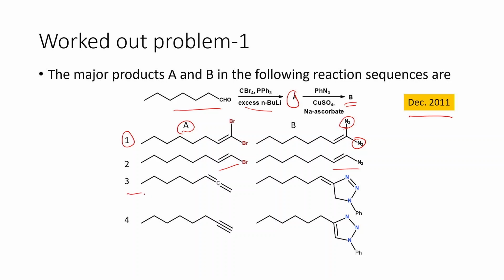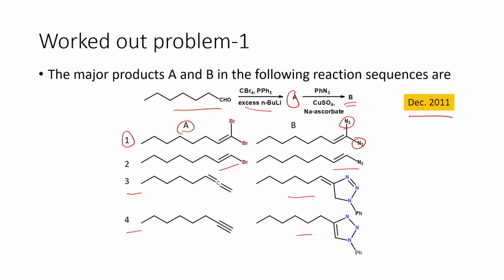The third one is given as an allene type compound, and the final product is a 1,2,3 triazole derivative, and the fourth option is an alkyne, and the final product is again a 1,2,3 triazole derivative. So four different options are given.